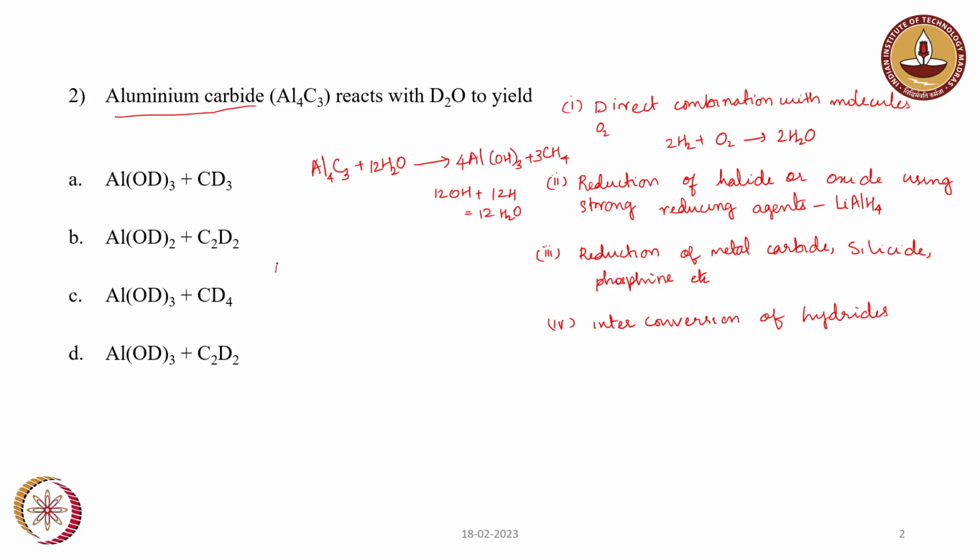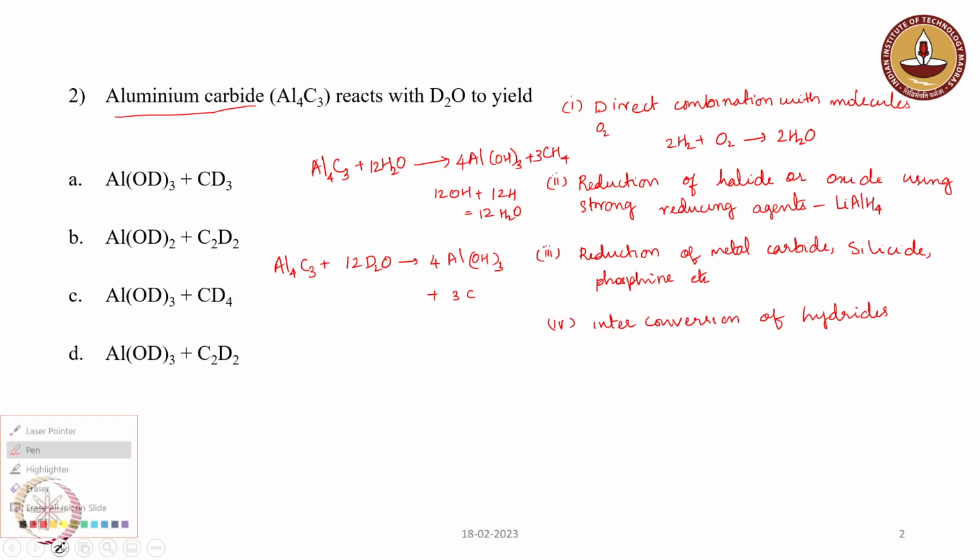So it will be Al4C3 plus 12 D2O will give 4 Al(OD)3 plus 3 CD4.